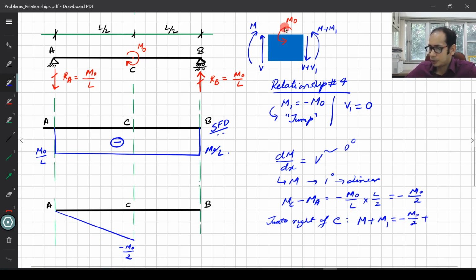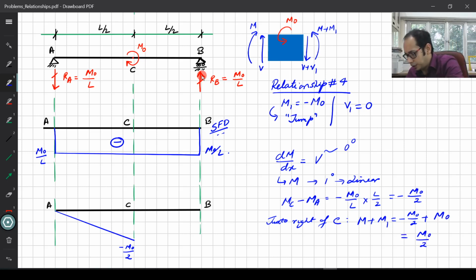Earlier, when the moment was applied anticlockwise, M1 came out to be minus M naught. Here the moment is applied clockwise, so M1 will be plus M naught. So that is nothing but M naught over 2. So you see you are having a positive jump. From here this goes up to a positive value of M naught over 2.